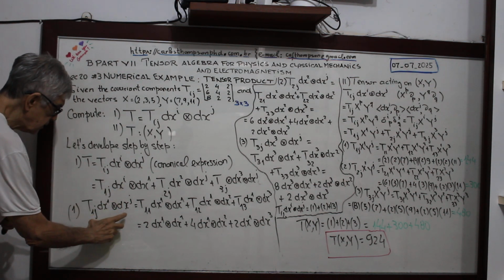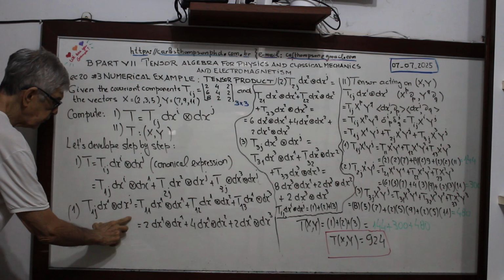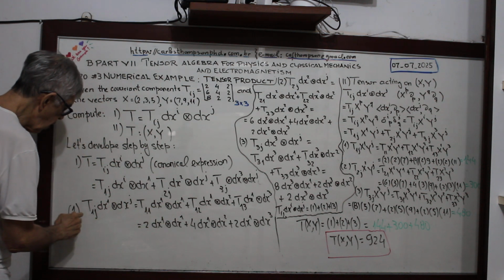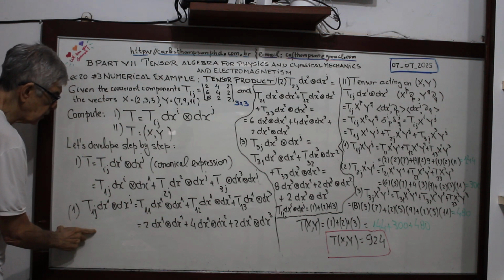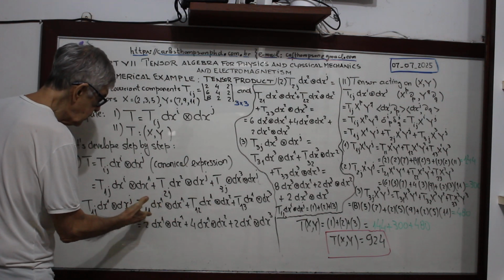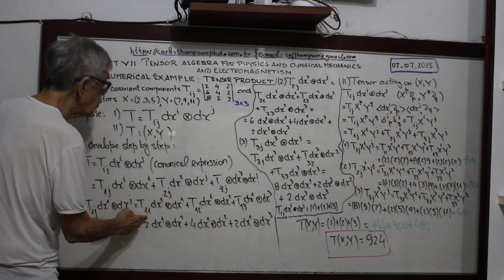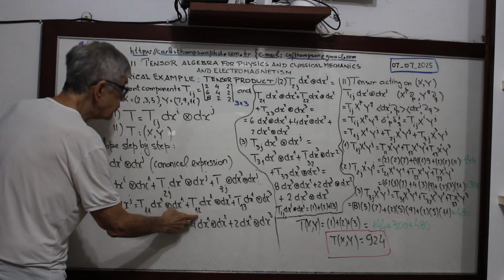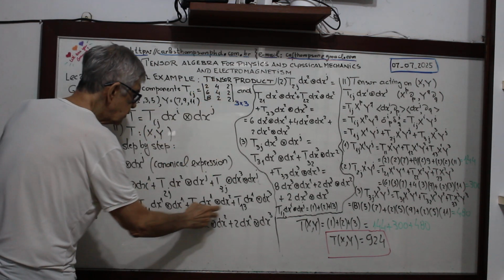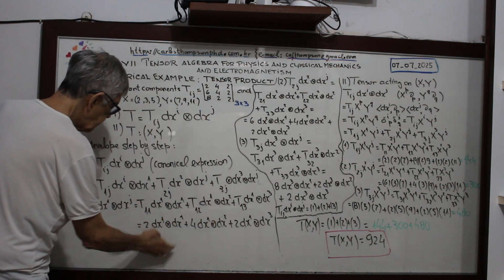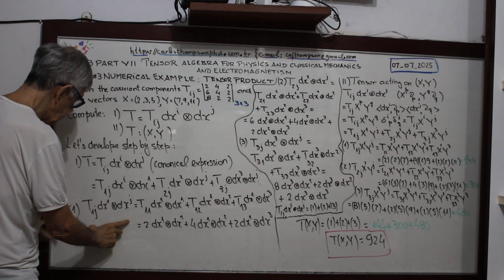Now I expand on j: j equal 1, 2, 3, for i equal 1. I just substitute T11 here, T12 is 4, T13 is 2 again. So this is only this term over here.